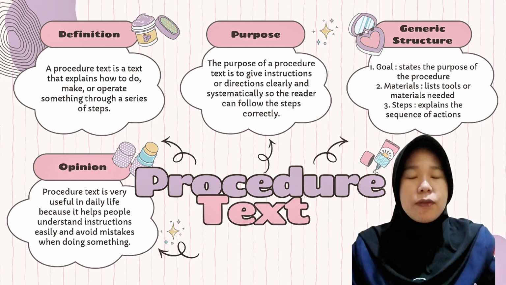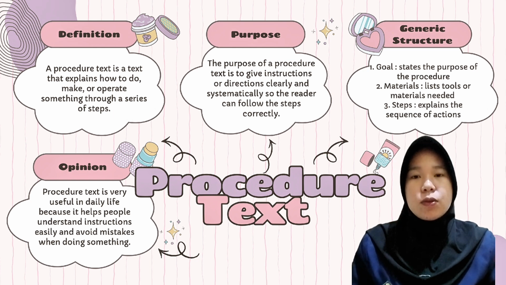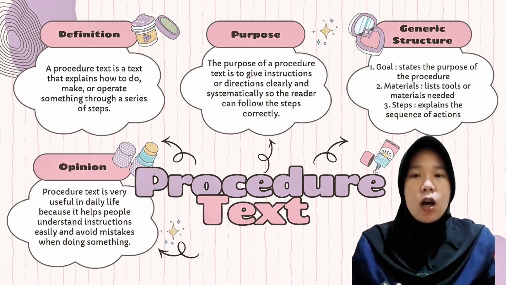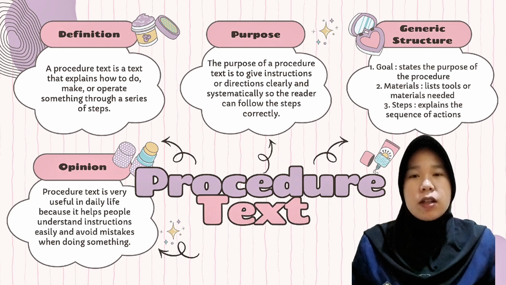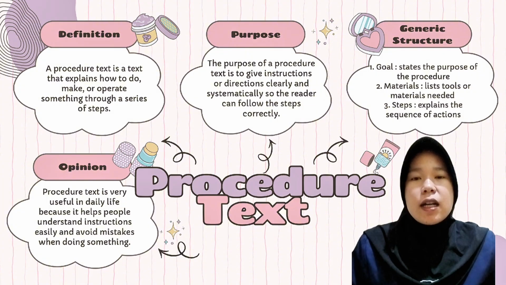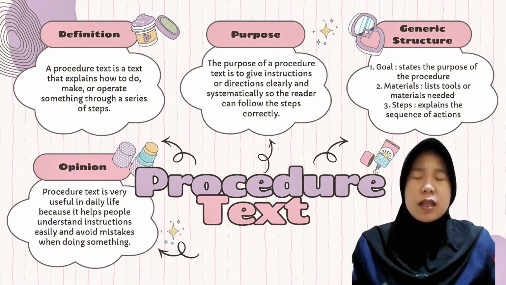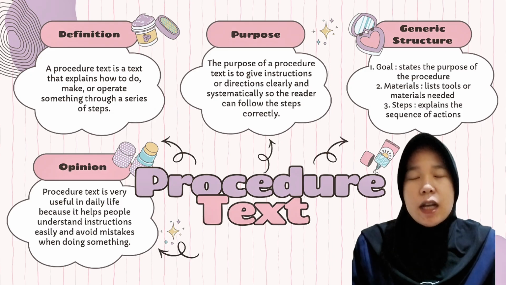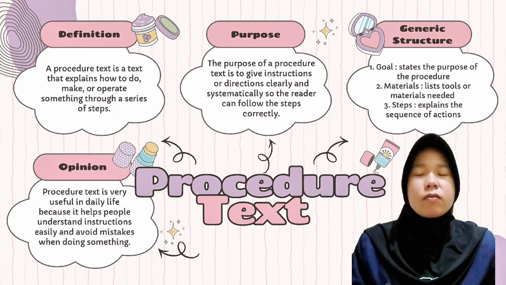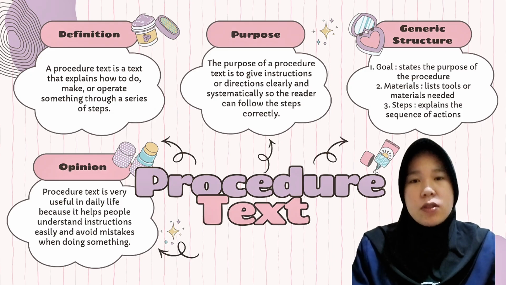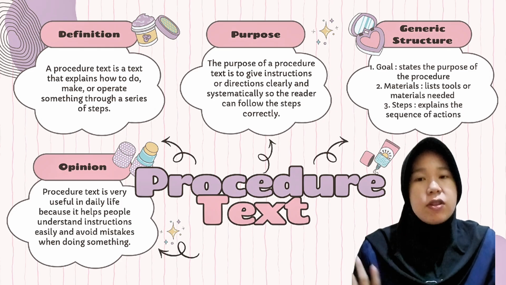So the purpose of the procedure text is to give instructions or directions clearly and systematically so the readers can follow the steps correctly. It means the text helps people avoid confusion or mistakes because the instructions are arranged in order. The procedure text usually has three generic structures.